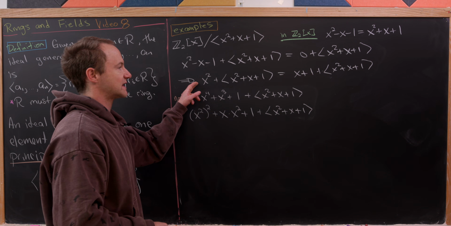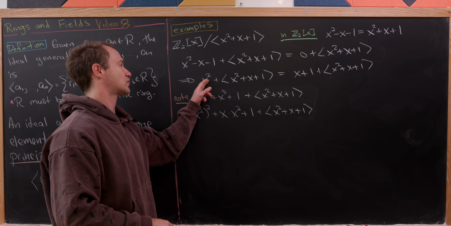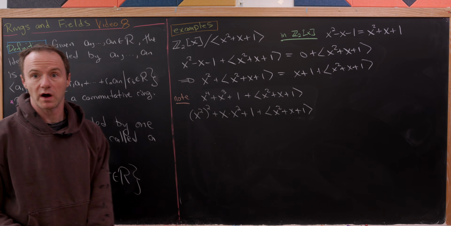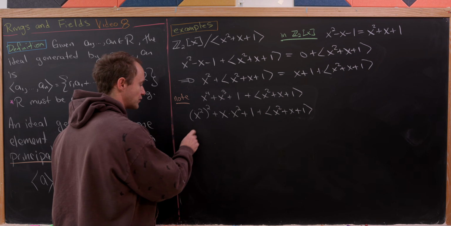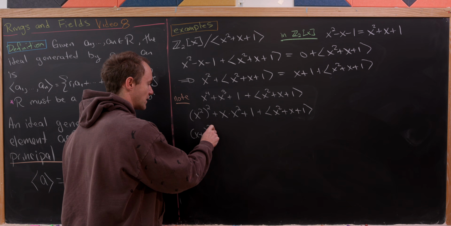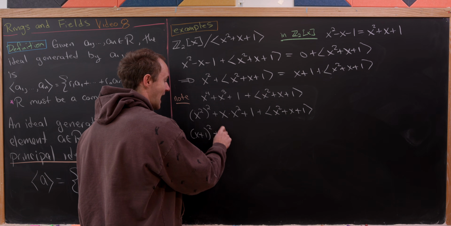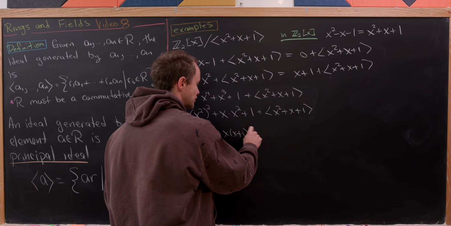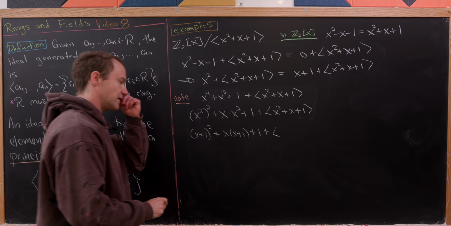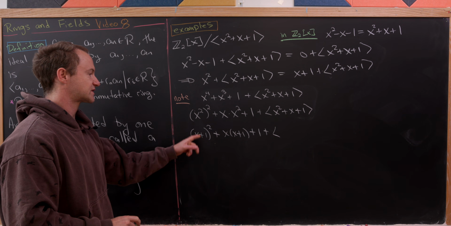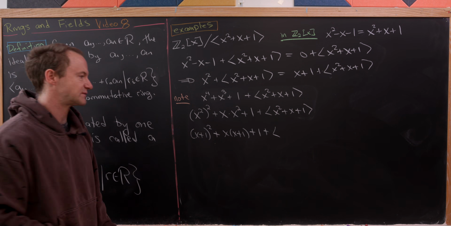But now I can use my relationship up here that I know that x squared is x plus 1 inside of the quotient to rewrite this as x plus 1 squared plus x times x plus 1. I just replaced all of those x squareds with x plus 1 by our observation up there.